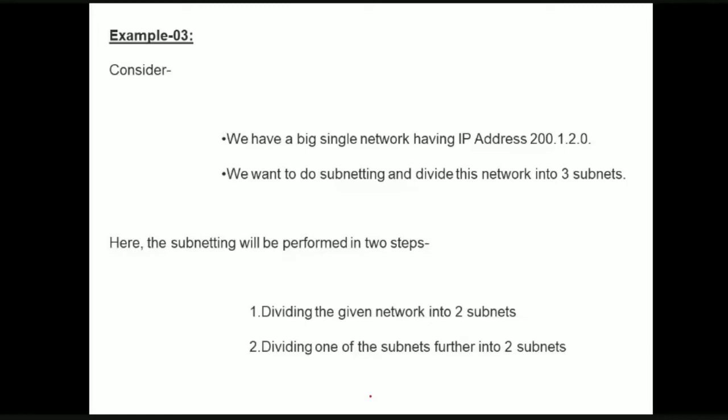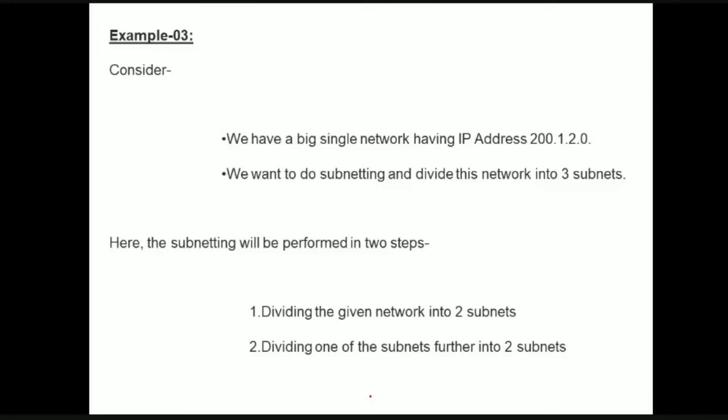So in order to do subnetting for the complete network into 3 subnets, what do we have to do? Can we represent 3 subnets with some bits? We cannot represent 3 subnets by taking 1 bit or by taking 2 bits. If we take 1 bit from the host ID part, we can only represent 2 subnet IDs.